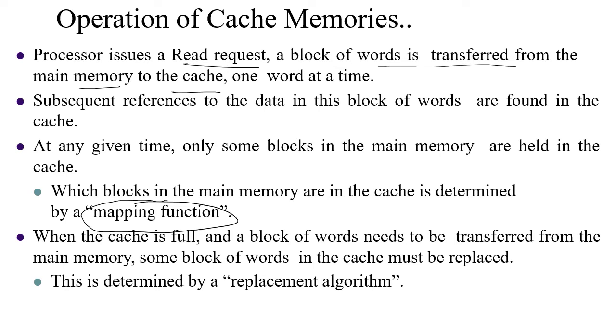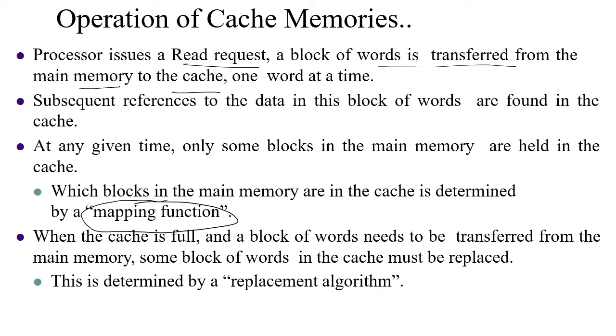Suppose the cache is full, and there is some other instruction that is repeatedly executed compared to the blocks that are already present in the cache. Imagine a situation when the cache is full and the processor is repeatedly executing one more set of instructions.